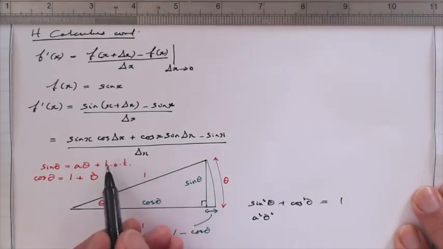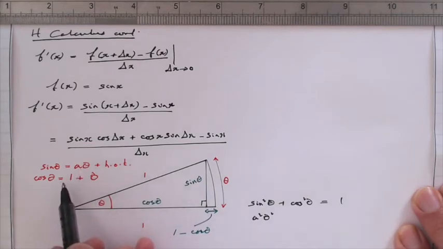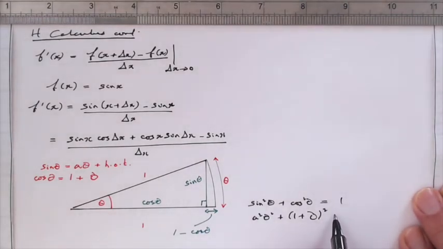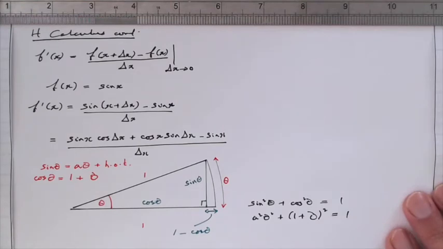I'm not worried about those higher order terms, I just want to take the leading terms here. And then cosine squared of theta is going to be 1 plus this unknown apple, this small thing that we know nothing about, squared. And this has to equal 1, for any theta.